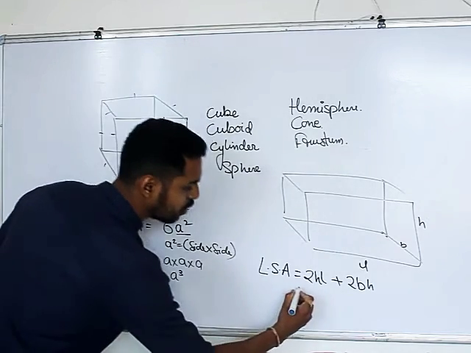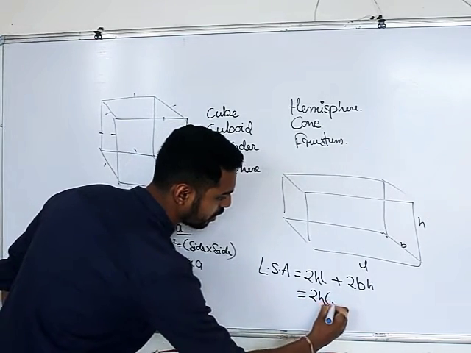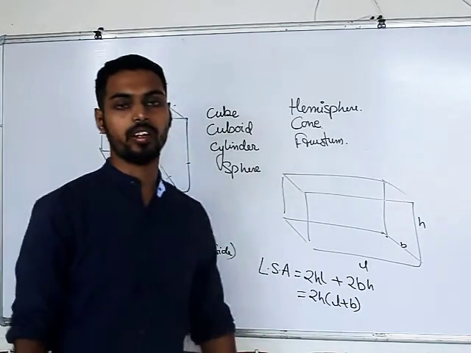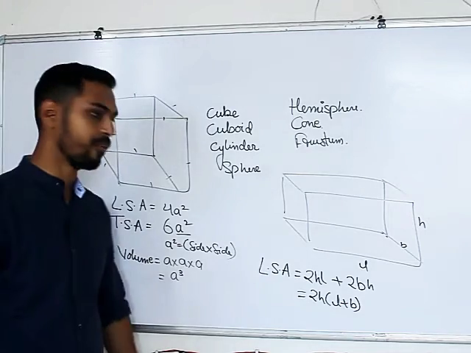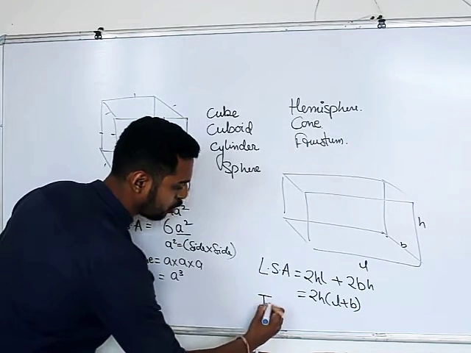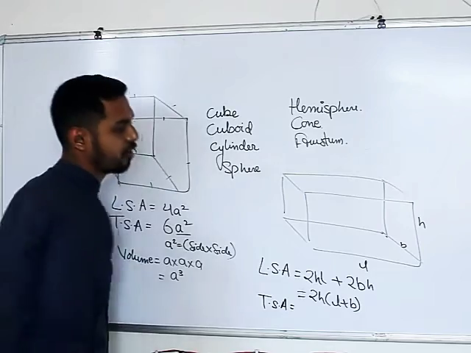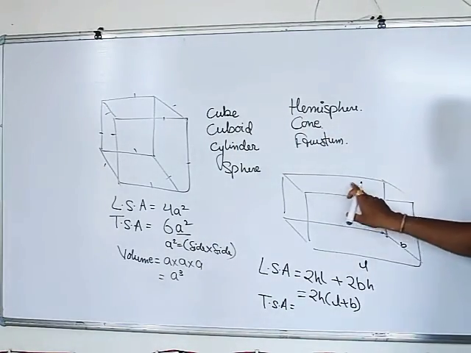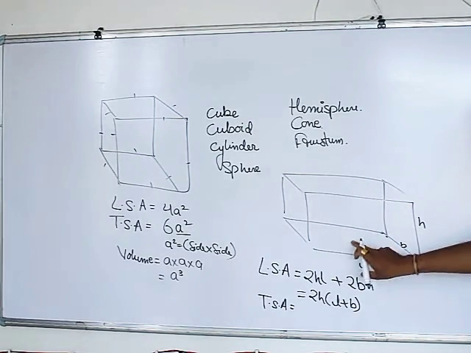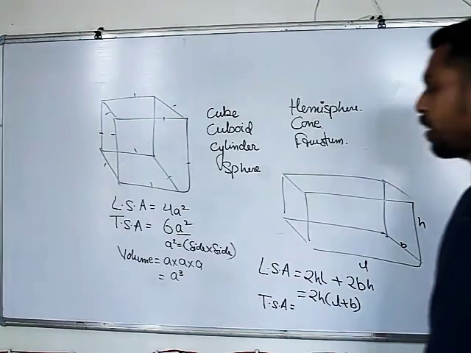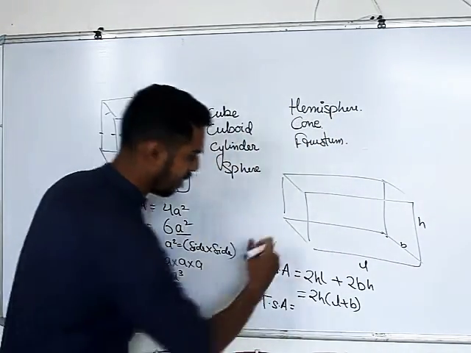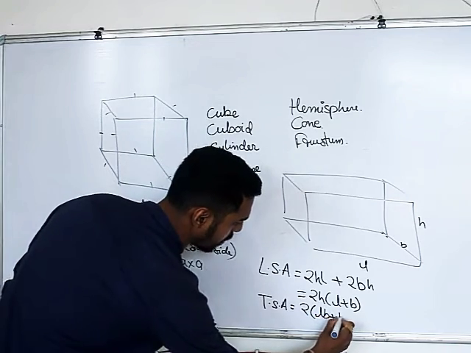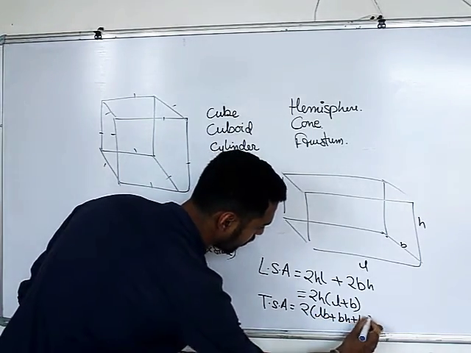So we will have now 2h(L plus B). This will be the formula of lateral surface area of a cuboid. Then total surface area, we will take all the sides. That means this upper portion as well as this lower portion will also be taken in total surface area. So we will have 2 times of (length breadth plus breadth height plus height length).